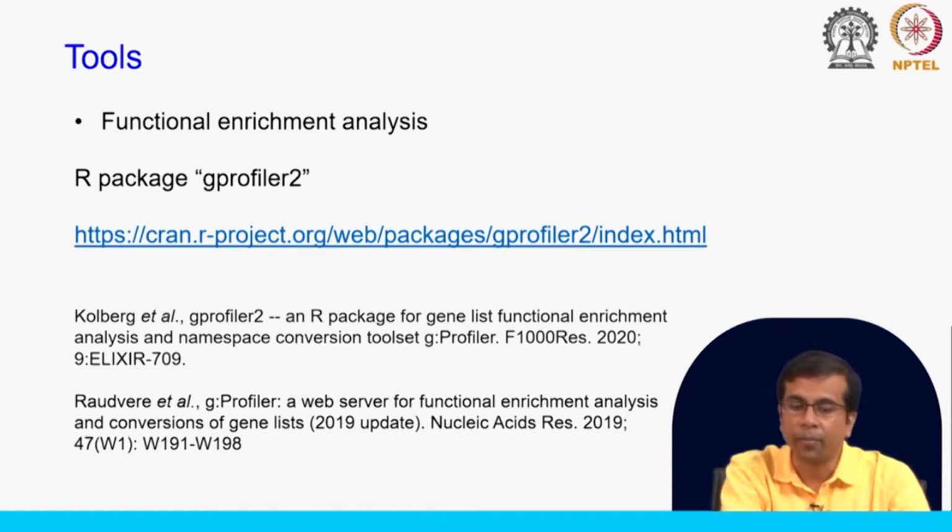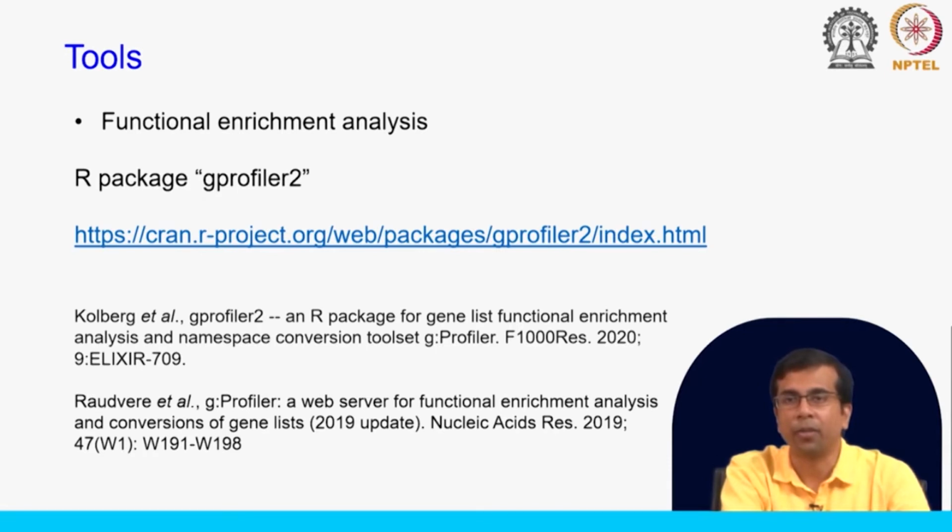And here is the link to the package and the references, if you are interested in the implementation and the actual package, how it is done. You will see many of these tools are available as web servers. So, you can simply put your list of genes there, select perhaps the organism name, and then you can get the results very easily.